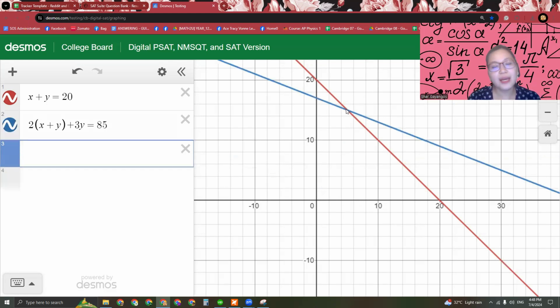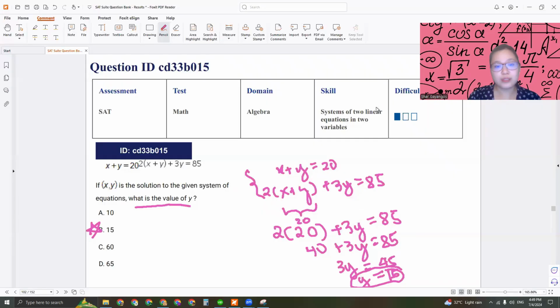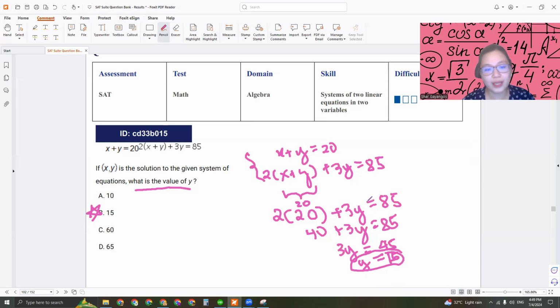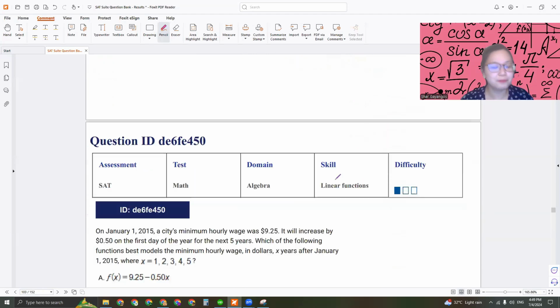There we go. And then again, for systems of linear equations, the intersecting point represents the solution to our equation. So that's 5, 15, meaning x is 5 and y is equal to 15. And we're just looking for y. Hence, we have y is equal to 15, which makes our answer correct. So either approach should be good, okay?